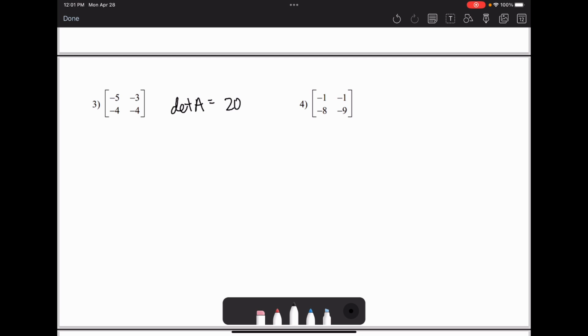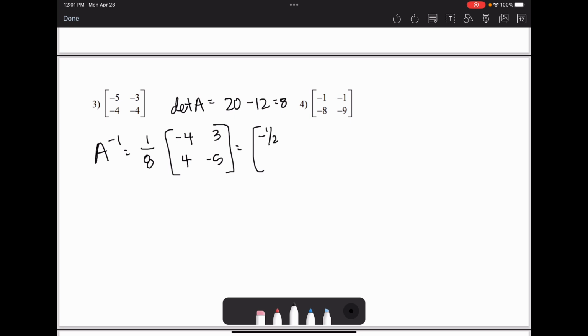This would be 20 minus 12, so the determinant is 8. So A inverse is 1/8 times -4, +3, +4, and -5. So this would be -1/2, 3/8, +1/2, and -5/8.